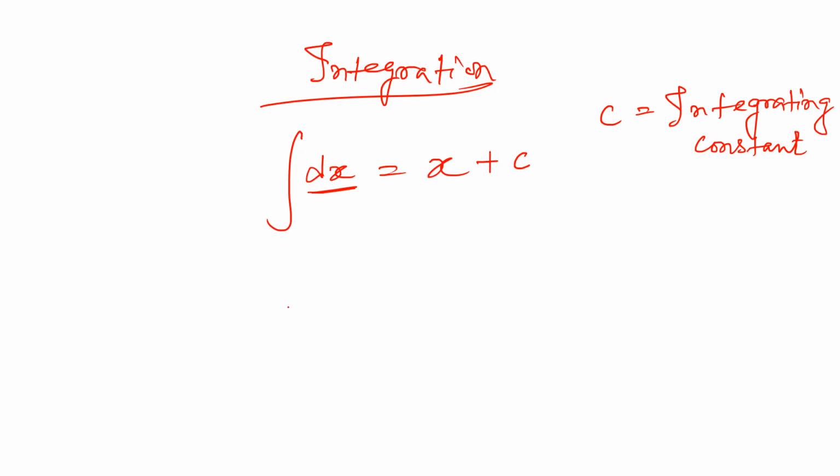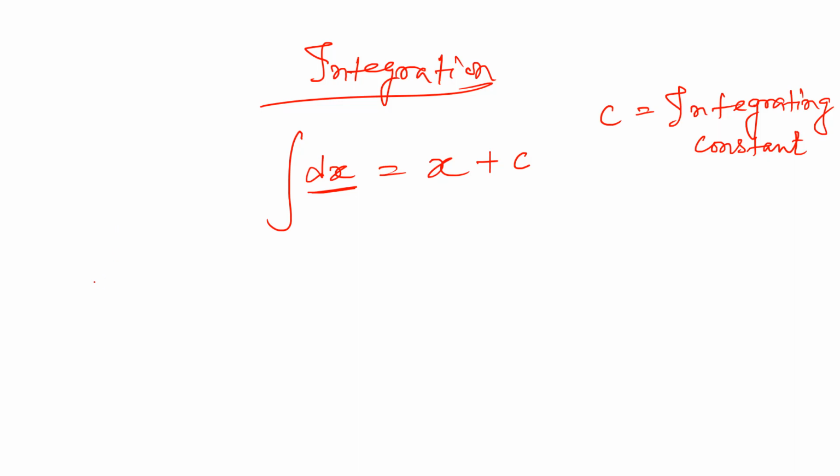Now in physics, most of the functions will be functions of t. That means suppose the displacement, acceleration or velocity is given to you. You will learn where to use integration, but you should know the basics first.